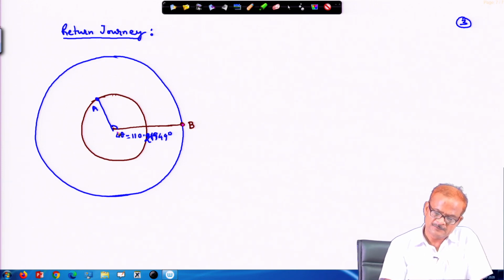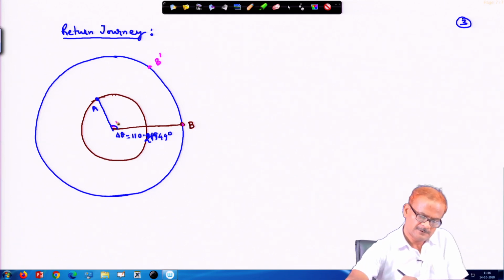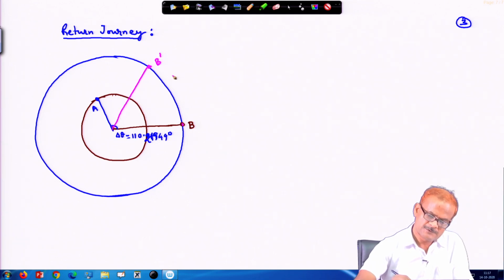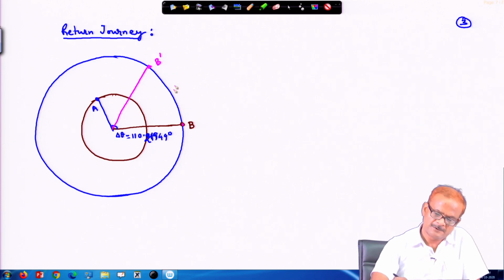So, right now this is the situation, this angle is given here. So, let us say that the astronomer has to wait on this, and by this time it is going to B prime here. So, this is the wait time written in terms of angle. So, this is again T w.